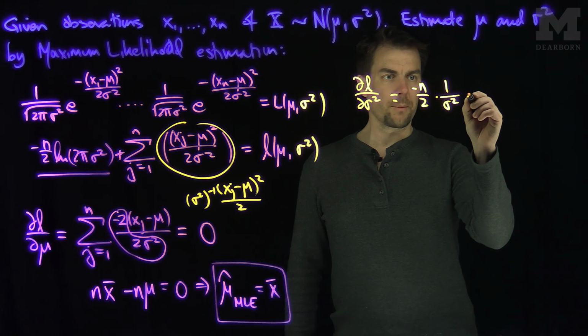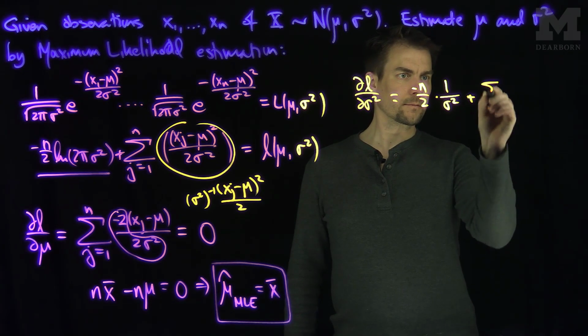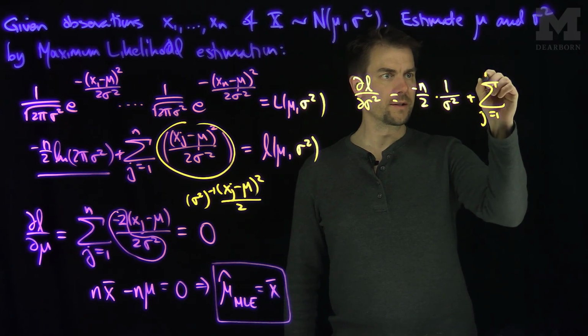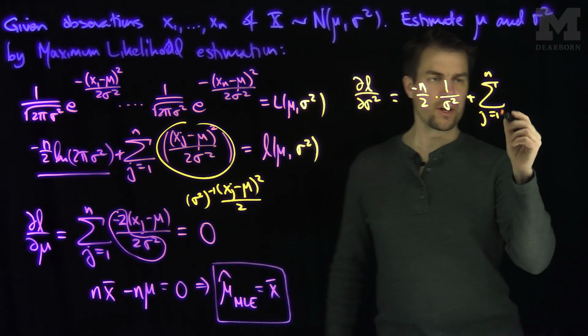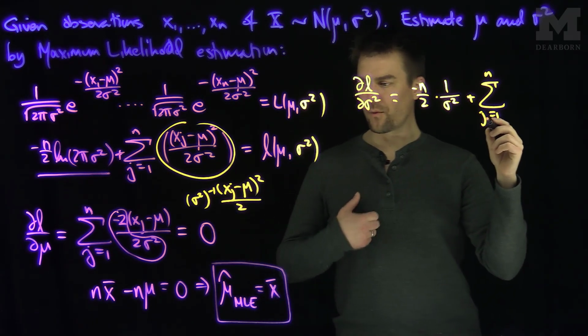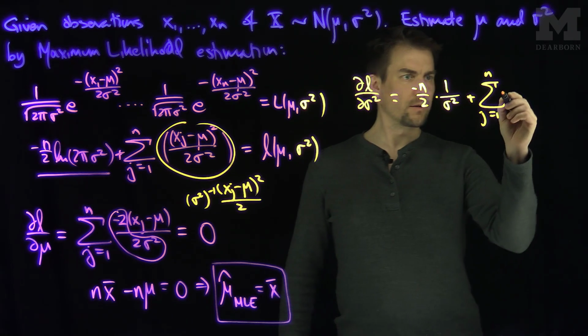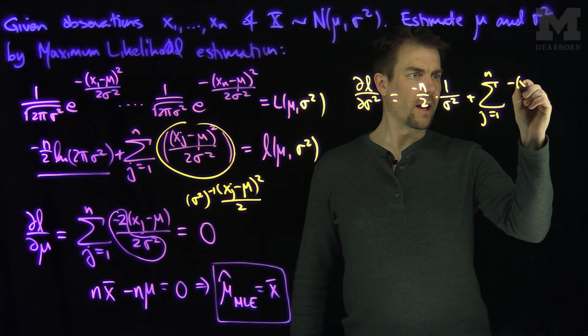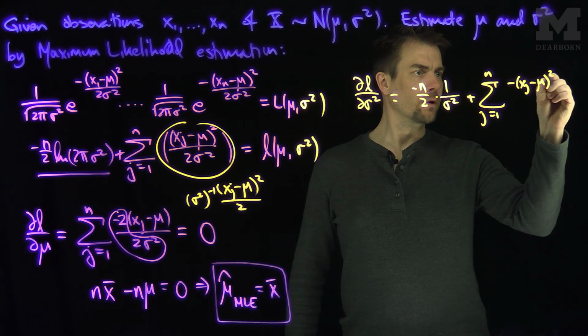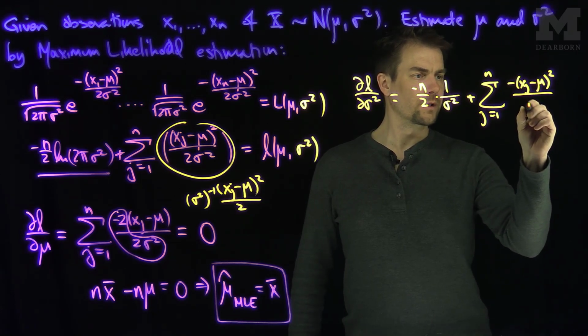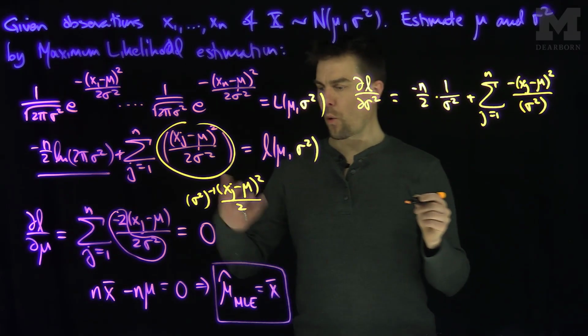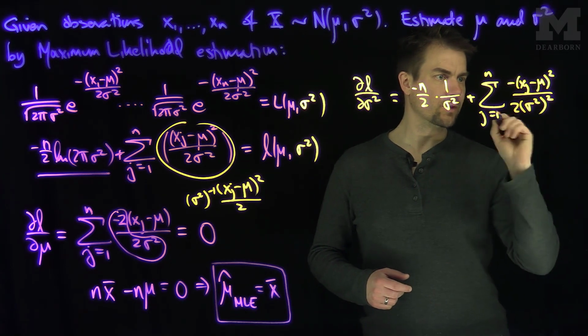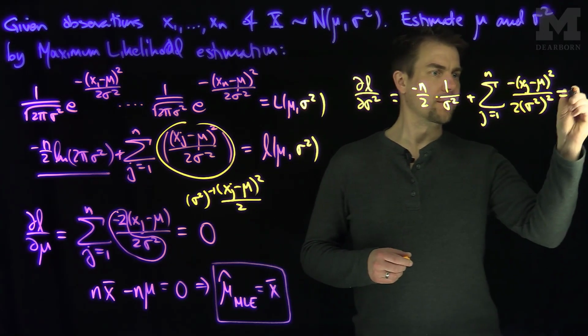So I'm going to have a plus the sum, j goes from 1 to n, of negative xj minus mu squared over 2 times sigma squared squared. And we're going to set this equal to 0.